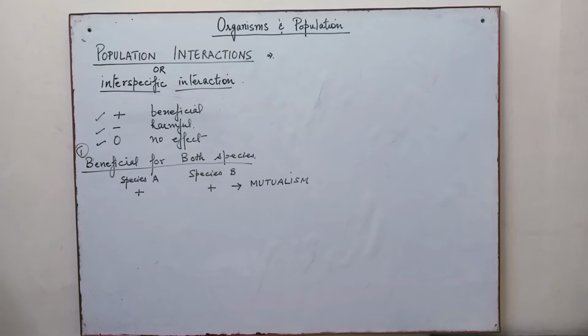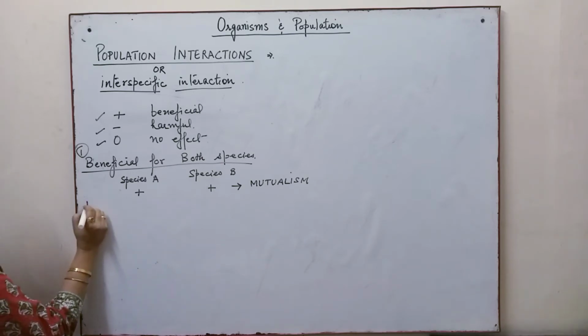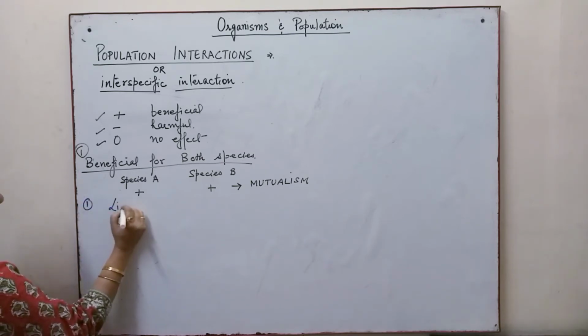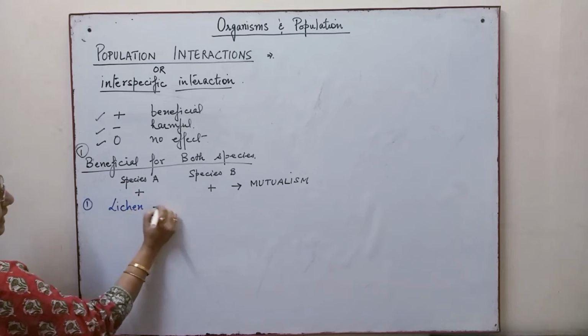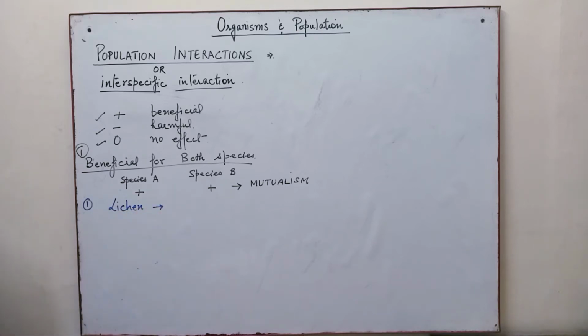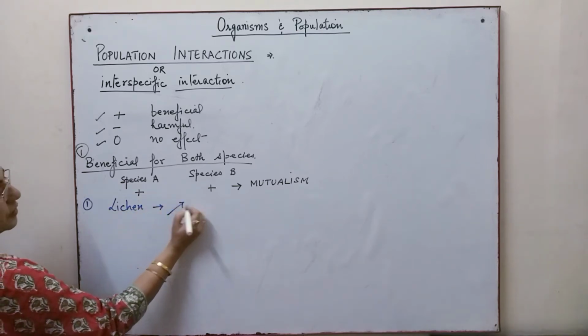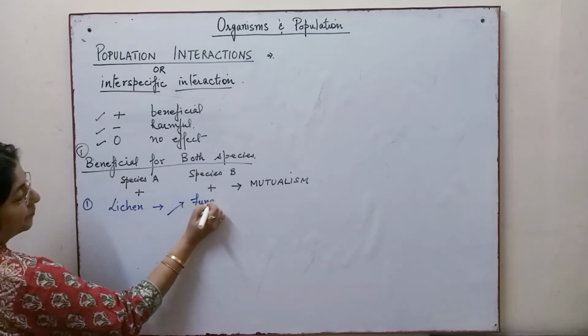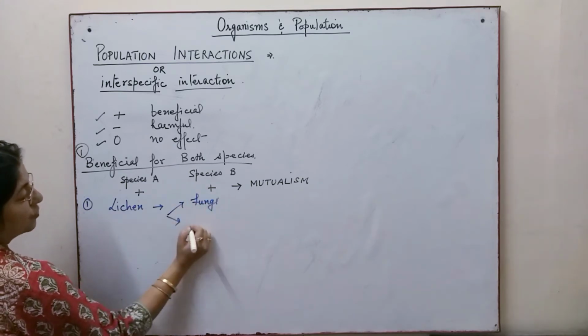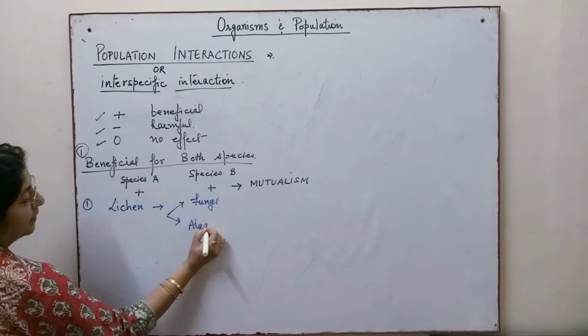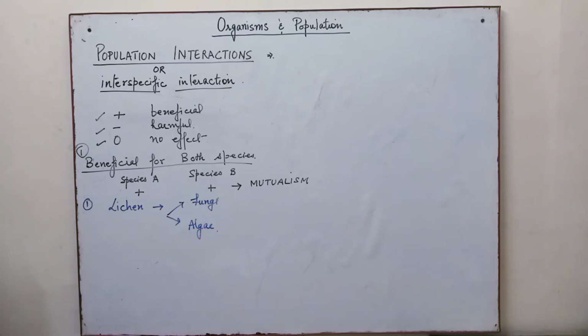Let us take the first example of lichens. Now lichen is an association of fungi and also algae. Now, how are they benefiting each other?